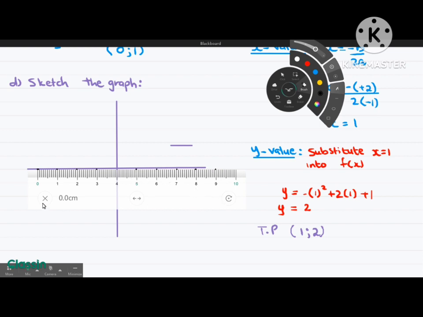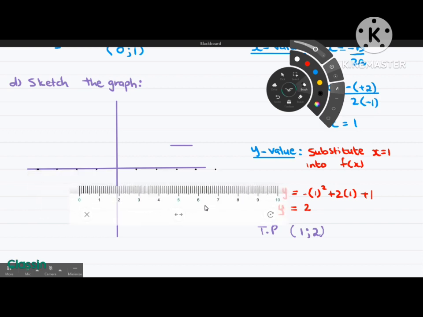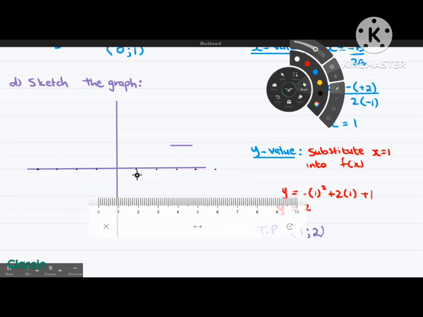So now it means that if I make readings on this side, I can simply say that I've got 1, 2, 3, 4. And on this side I've got -1, -2, -3, -4.